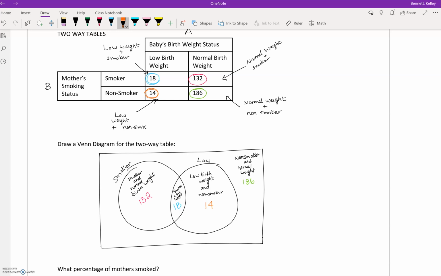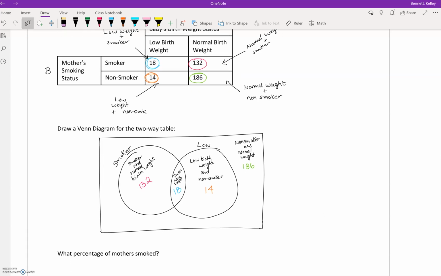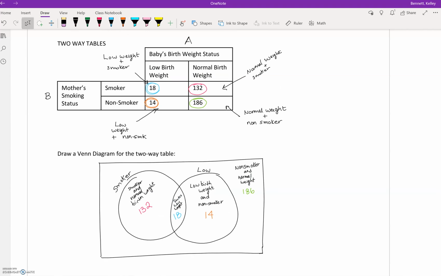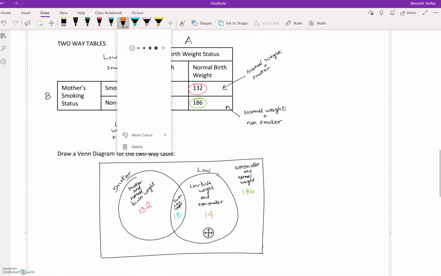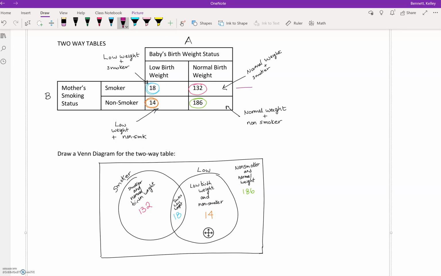So this is great. So now what we're going to do is ask some questions, but maybe I should address one more question really quick. If I wanted to read this table a little bit further, something I could look at is the total number of smokers. I just read it across.